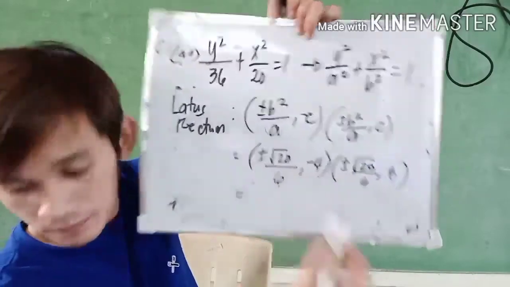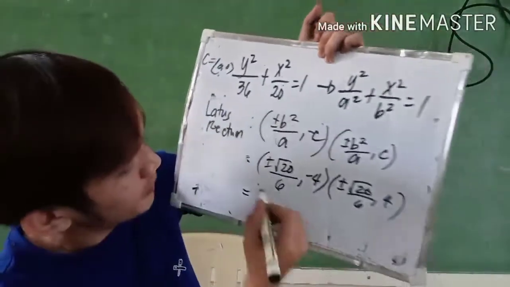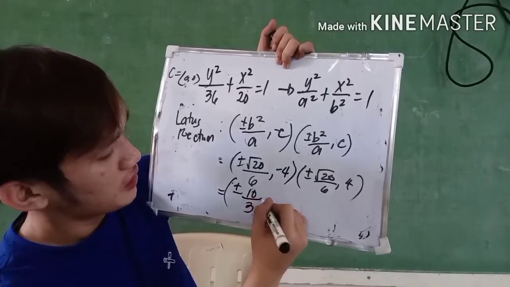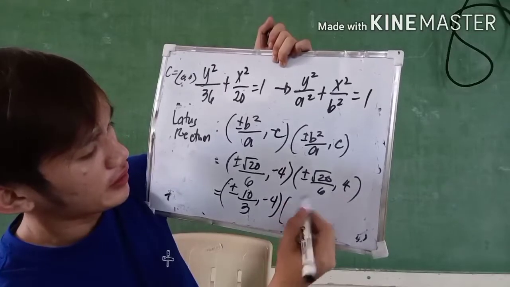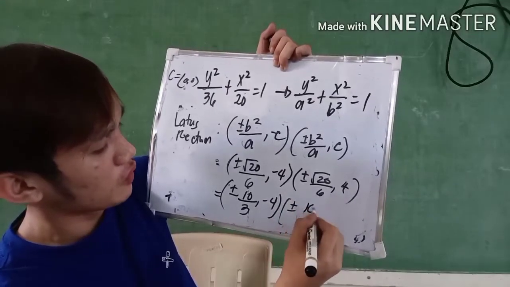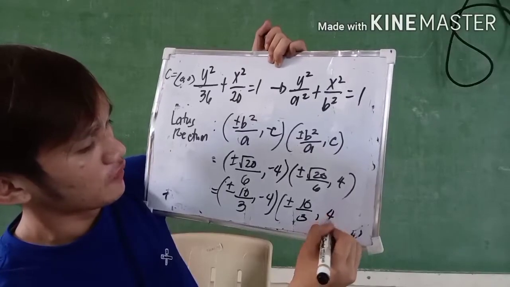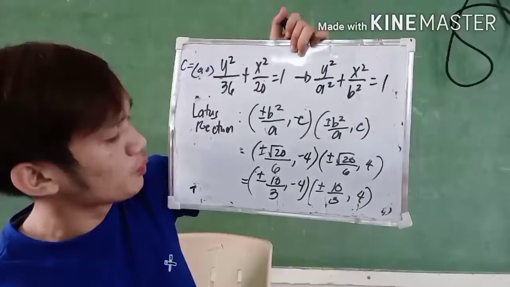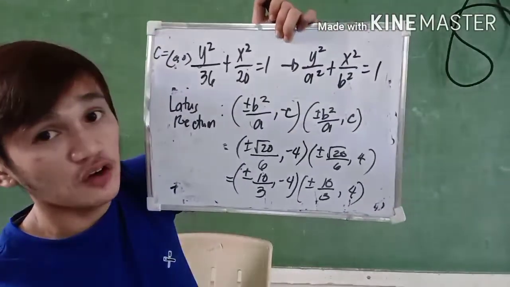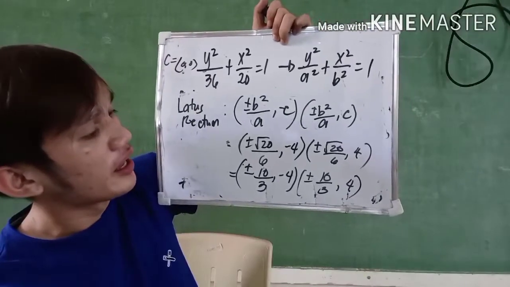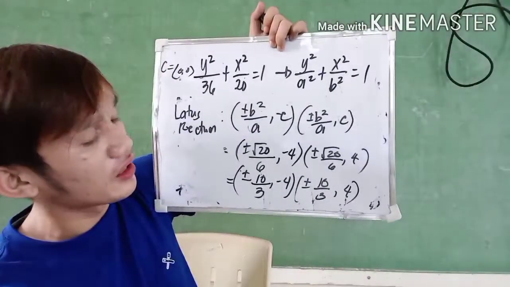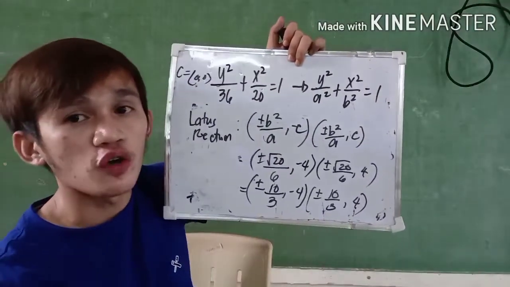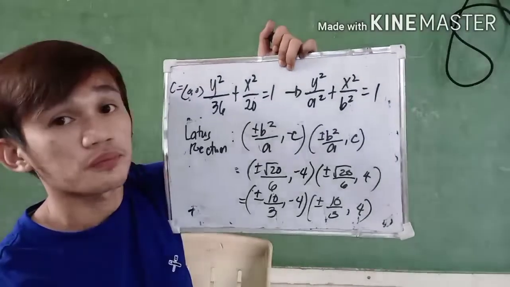So this will be plus or minus 10 over 3, negative 4. And then, while the other one is plus or minus 10 over 3, positive 4. So, meaning, the endpoints of our latus rectum is plus or minus 10 over 3 and negative 4, and plus or minus 10 over 3 and 4. And that is how you are going to identify the endpoints of your latus rectum.